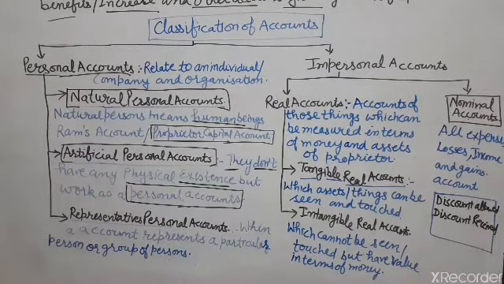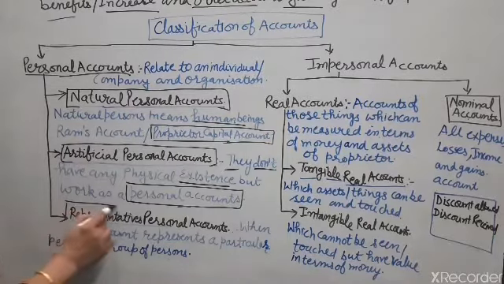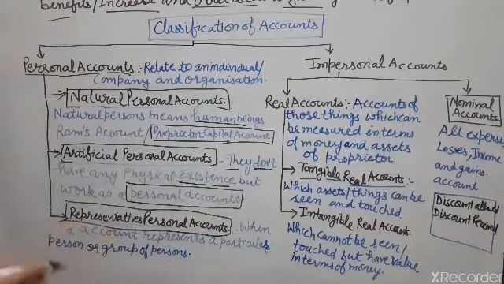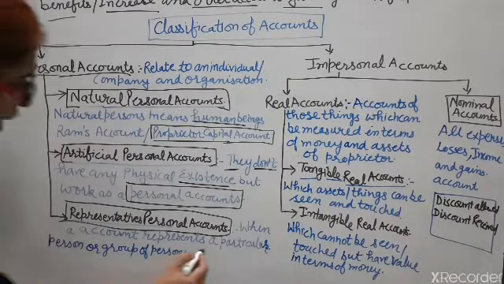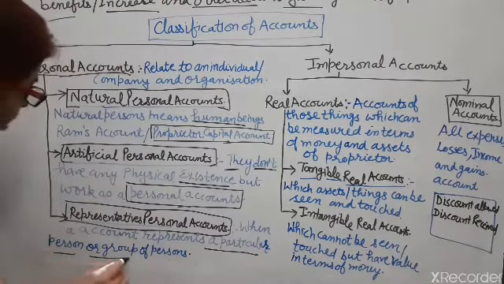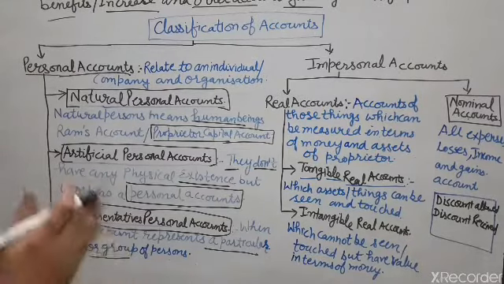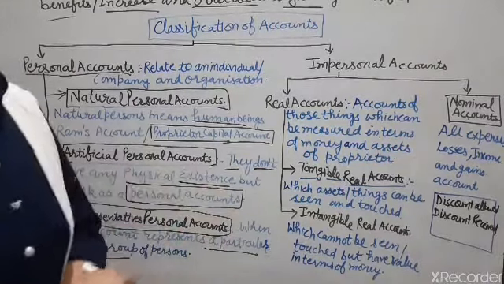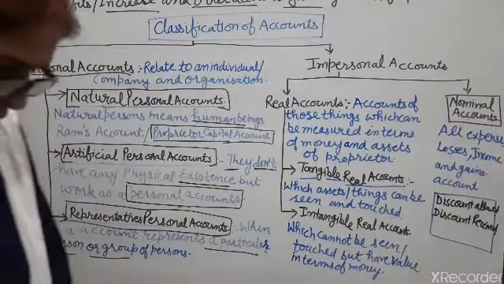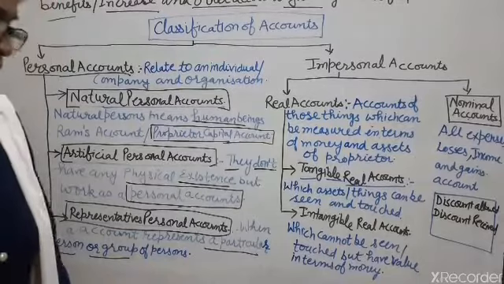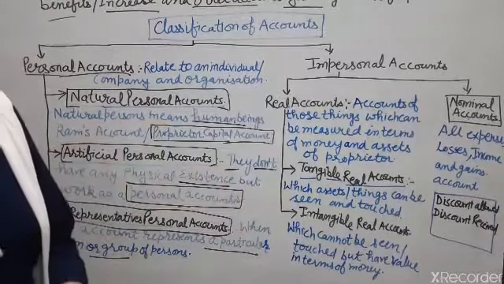Third is representative personal account. Representative means something that represents a personal account. So when an account represents a particular person or a group of persons, it is a representative personal account. For example, bank. For example, salary paid to a person.